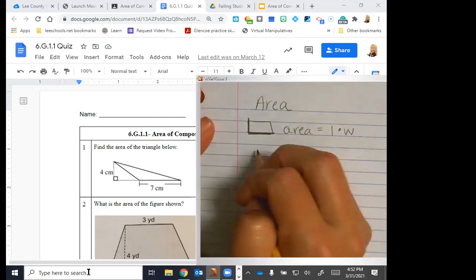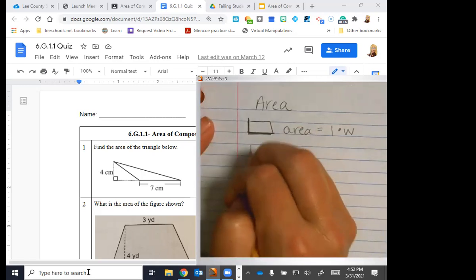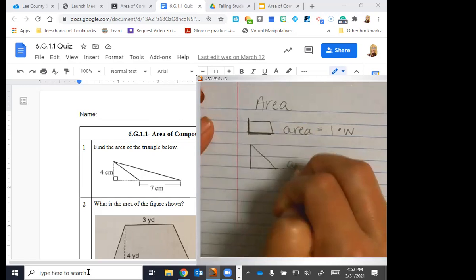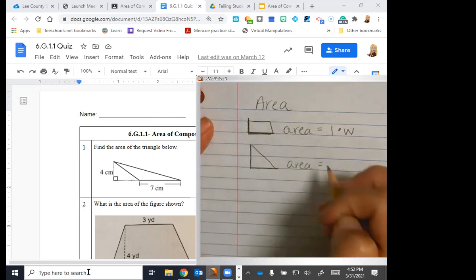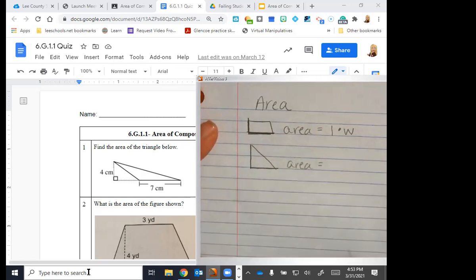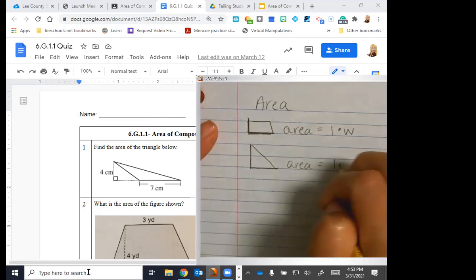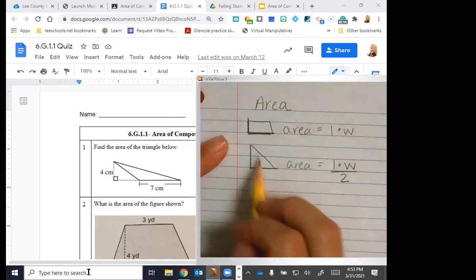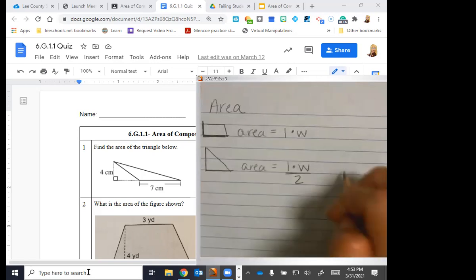We also learned how to find the area of a triangle. And we discussed many times that a triangle is essentially half of a square or rectangle. So when we're finding the area of the triangle, we're doing length times width divided by 2, because remember, this is basically half of a rectangle or square. Some people call it base times height divided by 2.